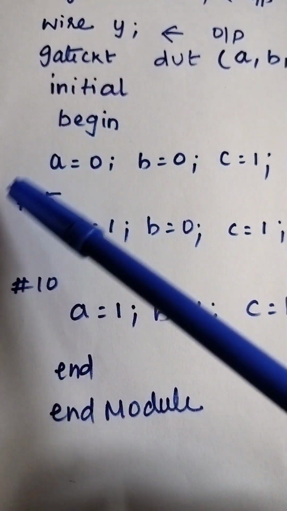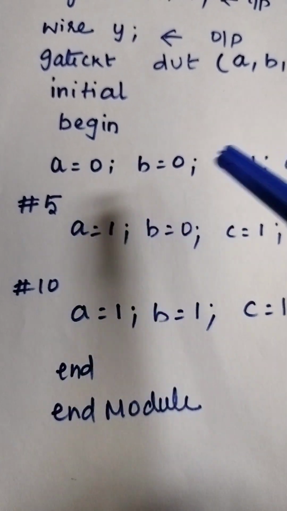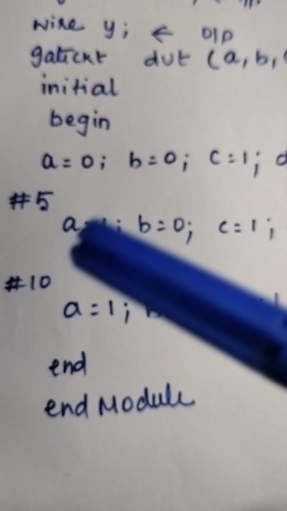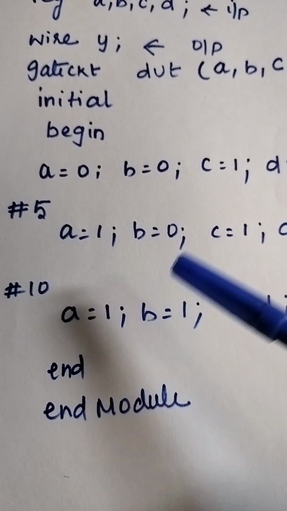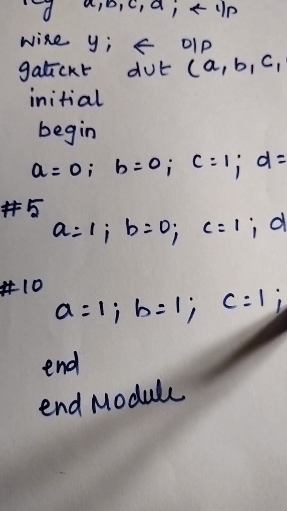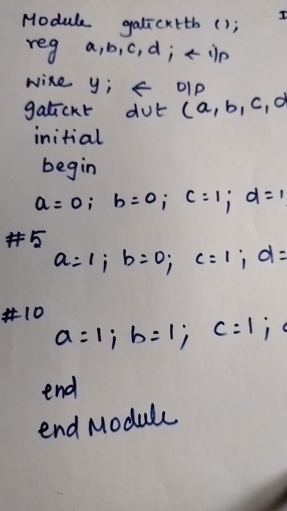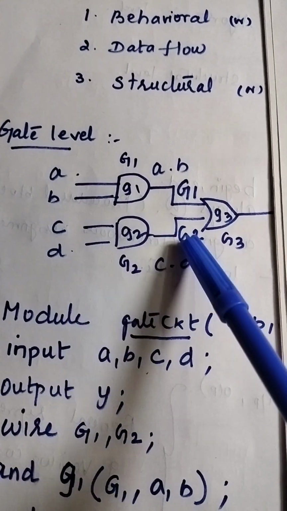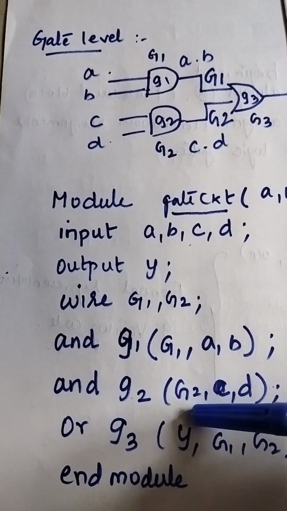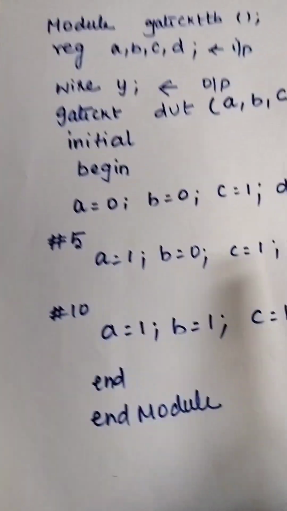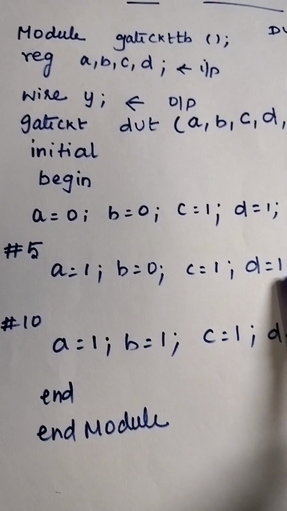Once you complete your test bench and run it in the software, you can see the waveform for this circuit. So for this circuit, this is the coding, and this is the test bench for that circuit.